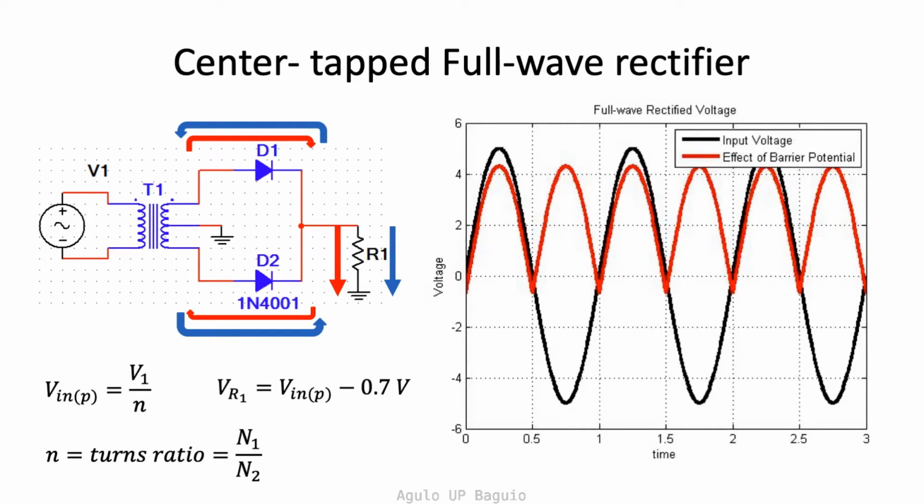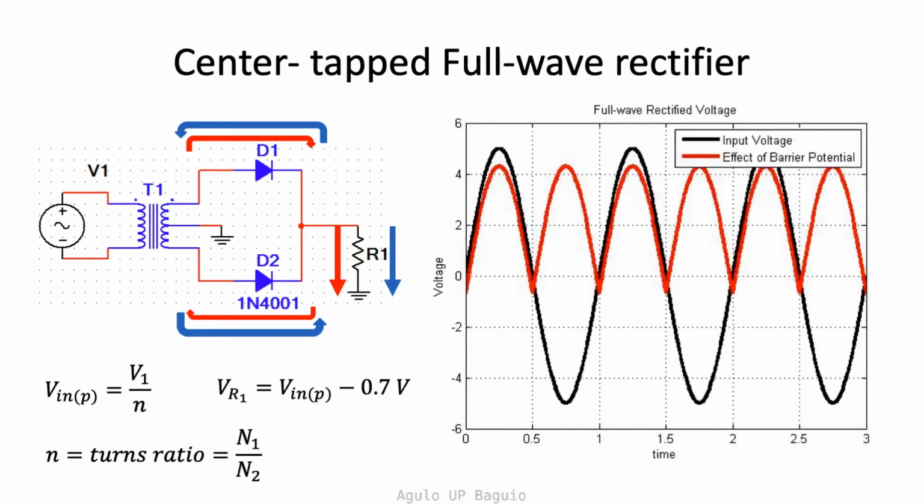Now that we understand what the transformer does, let's go to the two diodes. In the voltage versus time graph, we refer to the input voltage to the diodes as the output voltage across the secondary coil. In the first half of the cycle of the input voltage, we can represent the direction of the current as the red arrows. This direction is clockwise.